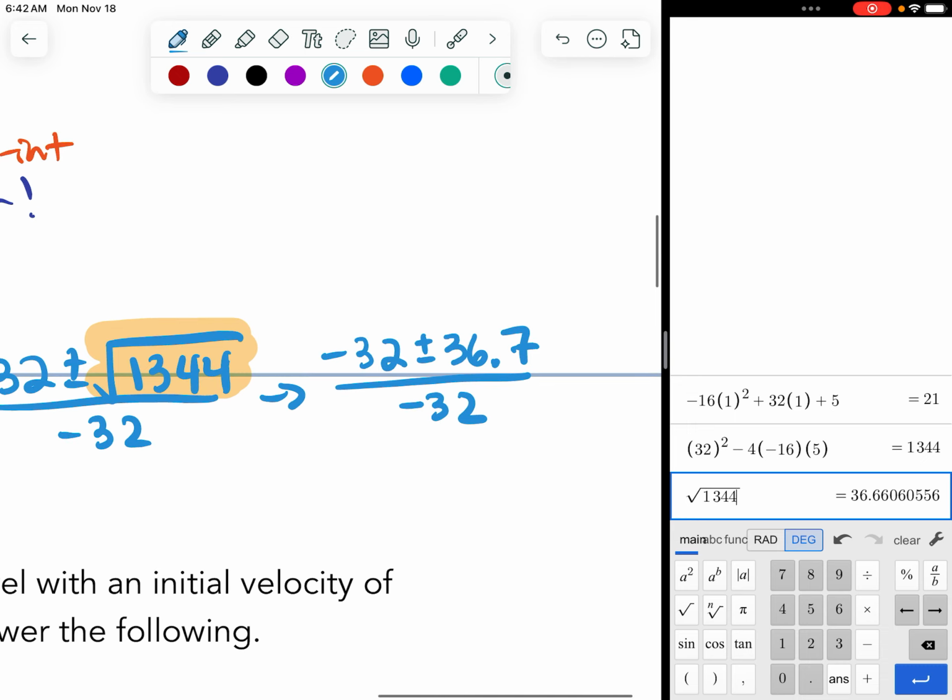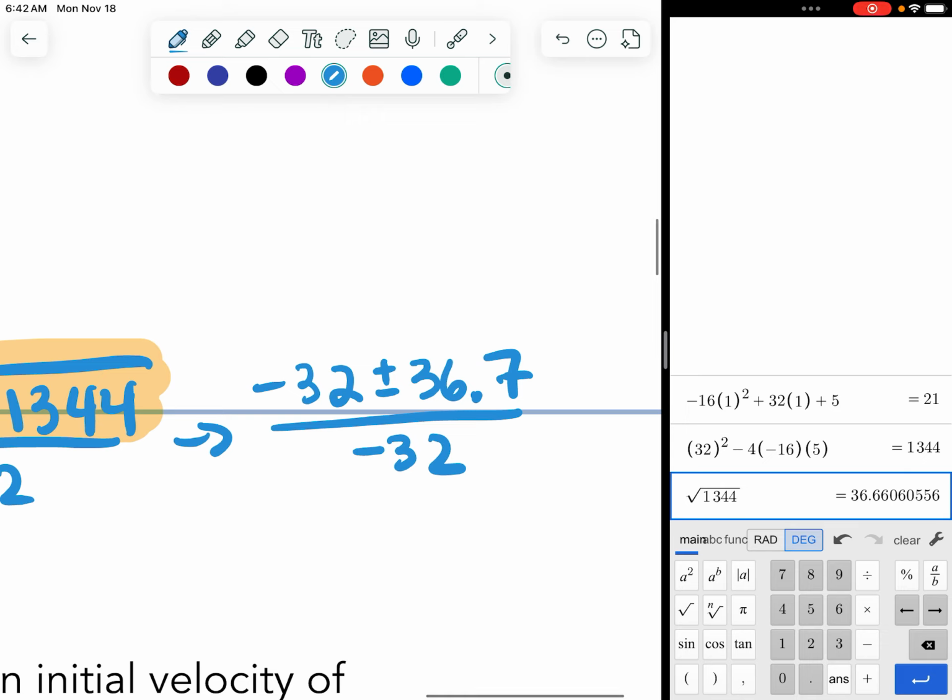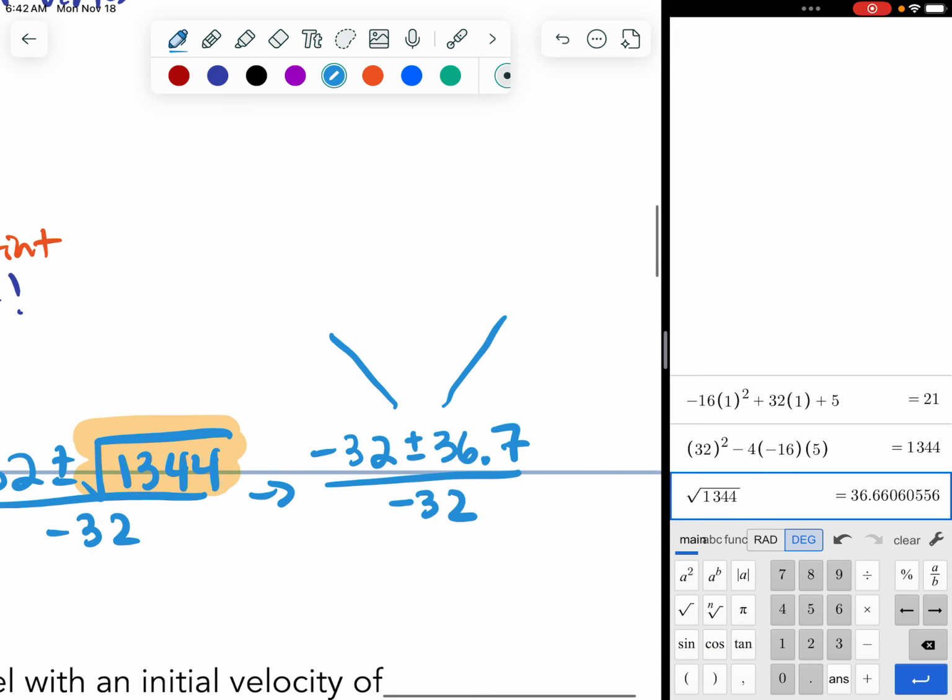Okay, again, this doesn't really make a whole lot of sense to me, so I need to use the plus or minus. So this means I'm going to actually do two separate things. This is negative 32 plus 36.7 divided by negative 32.